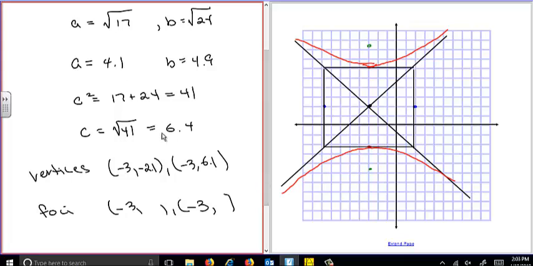Now for the foci, it's the same kind of deal, except I'm going up 6.4. So 1, 2, 3, 4, 5, 6, 6.4. So that's 8.4. So that's the second one here, 8.4, and then we go down 1, 2, 3, 4, 5, 6, 6.4.